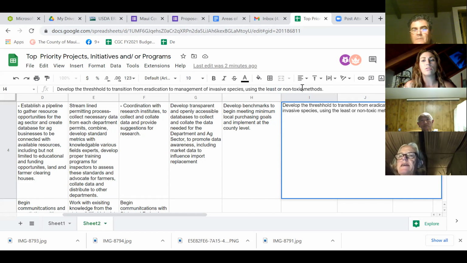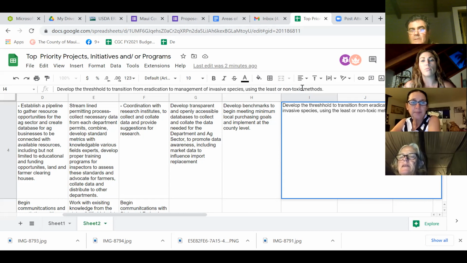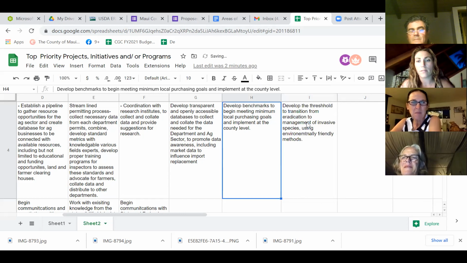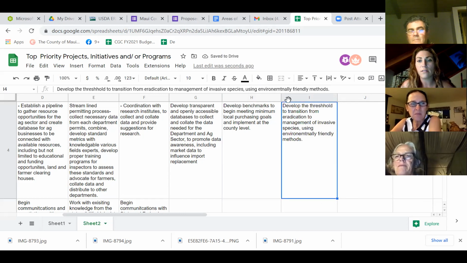Citric acid, yeah. So do we want to put least or non-toxic methods or environmentally friendly? Environmentally friendly, I like that. Okay, Dano, you trumped me. Okay, thank you.